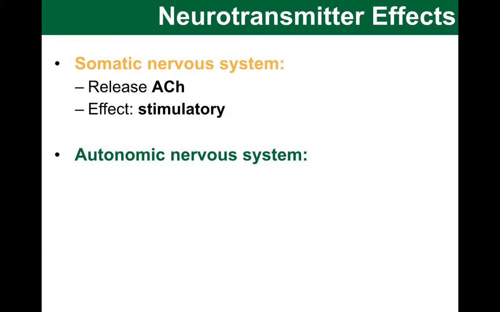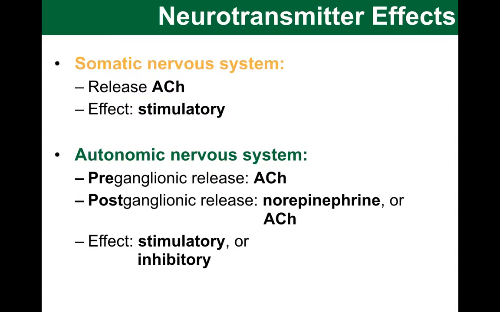While in the case of the autonomic nervous system, this is a little more complex. The preganglionic fibers release acetylcholine, while the postganglionic ones release norepinephrine or acetylcholine at effectors. And the effects of these can be either stimulatory or inhibitory, depending on the type of receptors.